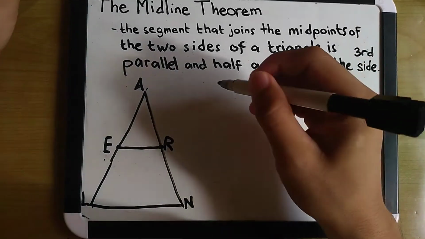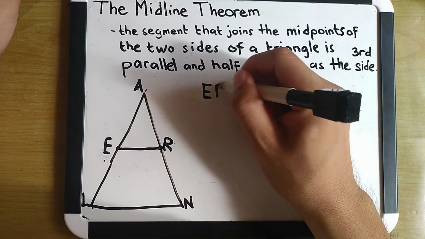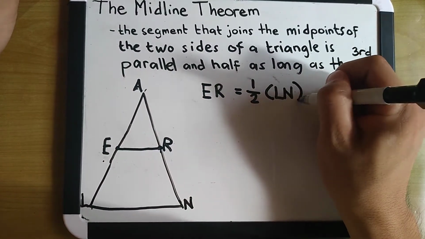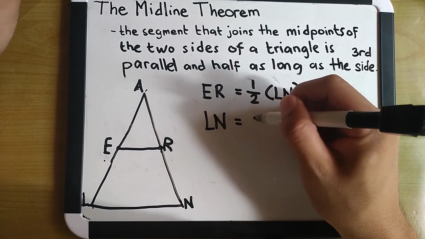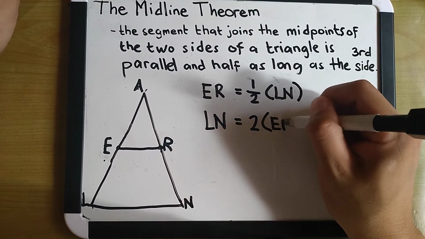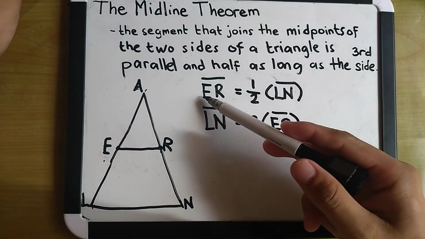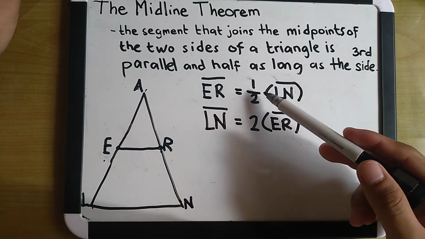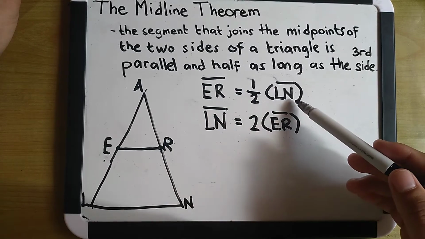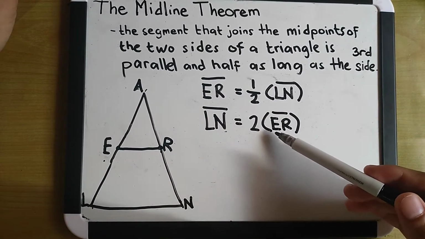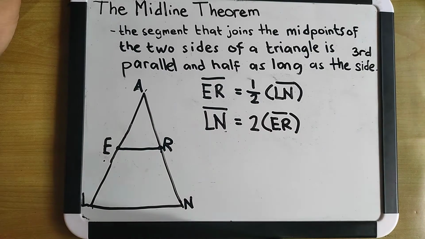Now let us write it in an equation. Mid-segment ER is equal to 1/2 of the measure of side LN, or side LN is equal to twice the measure of mid-segment ER.